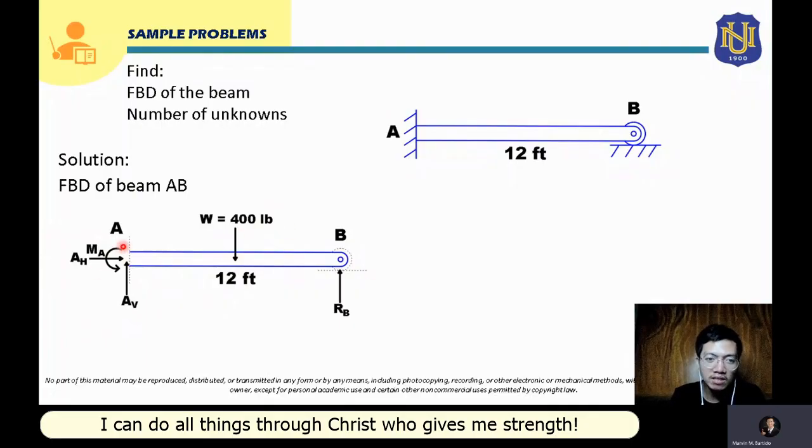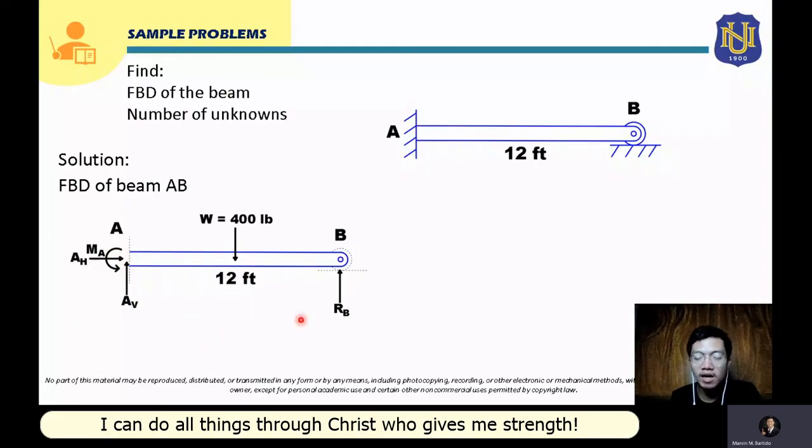Meaning to say, this moment at A should be the opposite: its rotation should be opposite of the rotation produced by this 400 pound weight. So its moment should be counterclockwise. That will now be our assumption for the rotation of the moment reaction here at point A.